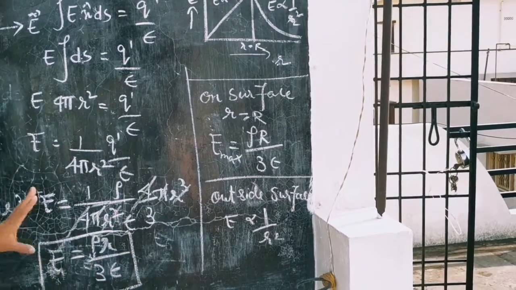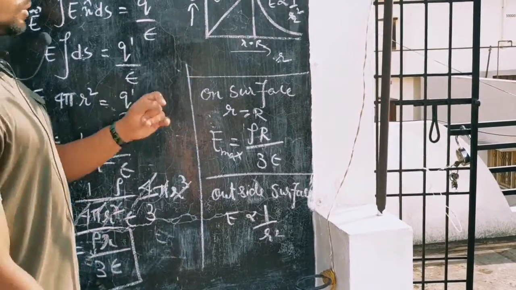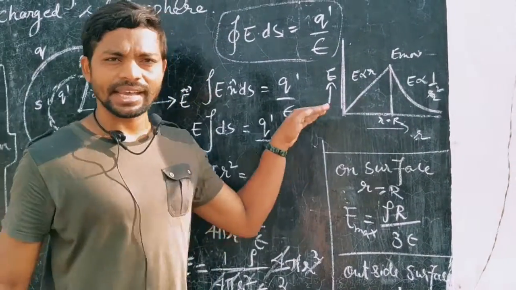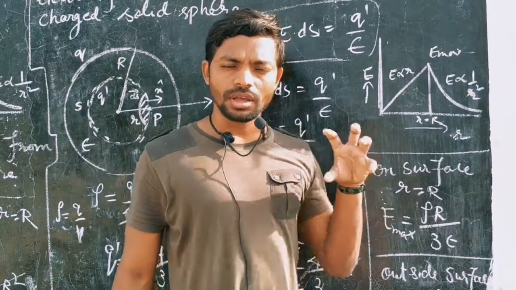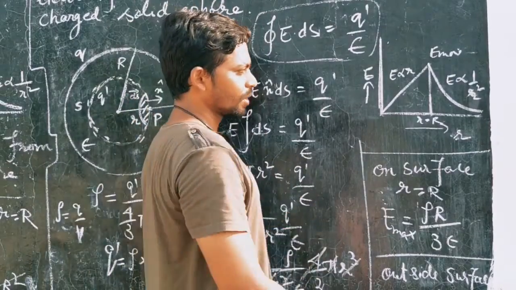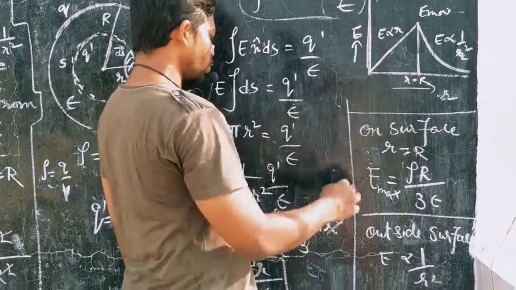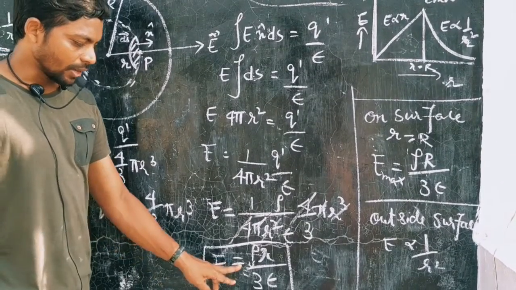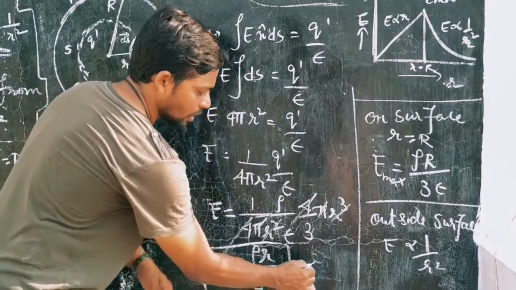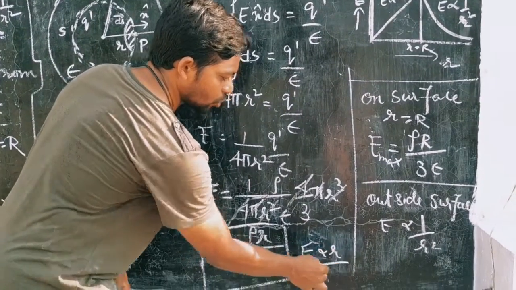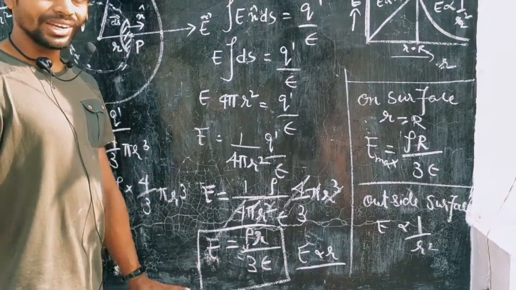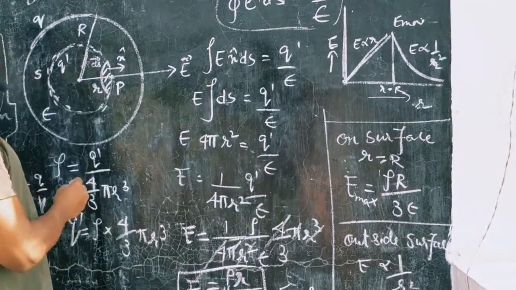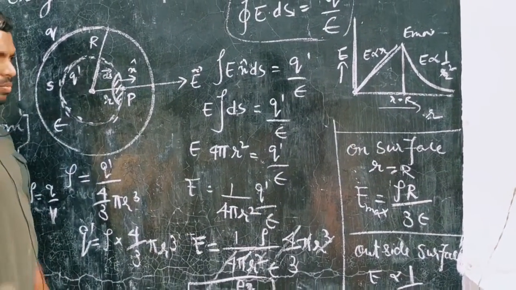If we summarize all this in a graph, it would look something like this. On the y-axis, electric field intensity, on the x-axis, the distance from the center of the non-conducting charged sphere. Inside the sphere the electric field intensity is directly proportional to r, so gradually it will increase, and at the center electric field intensity is 0.